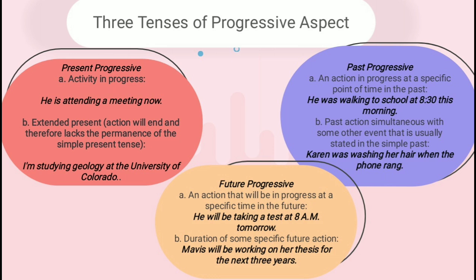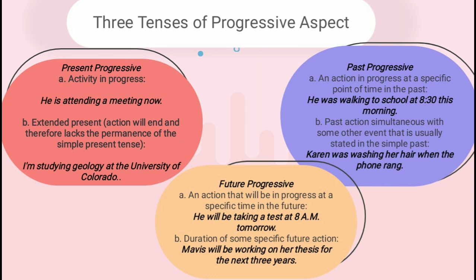You can see how the core meaning of the progressive holds for all the tenses. We have here the three tenses of the progressive aspect: the present progressive, the past progressive, and the future progressive.